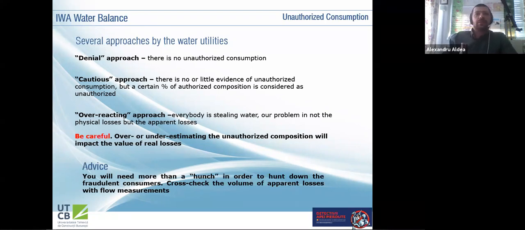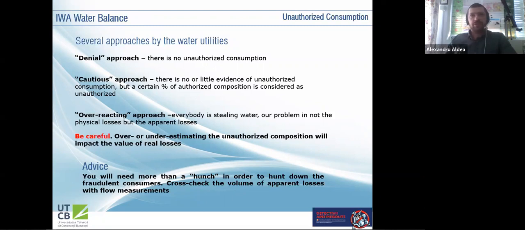So here, if you are at the beginning, it is very difficult to hunt down who the fraudulent consumers are, how much water is lost due to theft or something like that. So one thing that you have to do, first of all, is cross-check your water balance, the resulting real losses, with some night flow measurements.